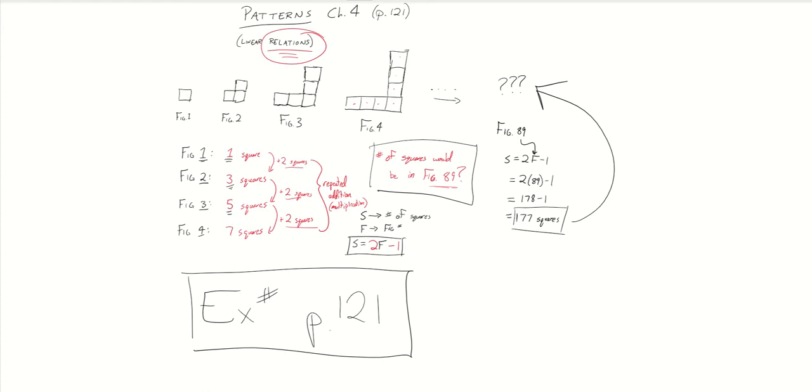They're actually interested in the perimeter of the overall figure. It'll be another linear pattern, another linear relation. So I suggest after watching this video, try to do example number 1 without looking at the answer, and then confirm whether you got it right or not.